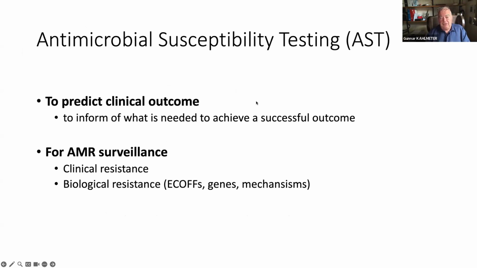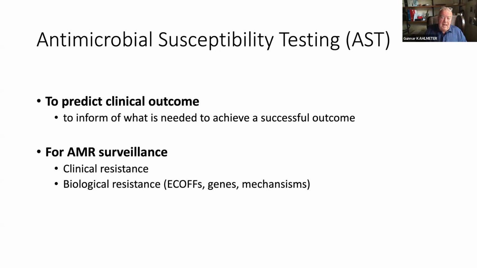After all, we perform susceptibility testing to predict clinical outcome. That's the whole point. But we also do it for AMR surveillance. And most people will so far have used the clinical breakpoints for AMR surveillance. But to be quite honest, it would have been much better if we had used epidemiological cutoffs for surveillance and divvied up bacteria into those that are without any resistance mechanisms and those that have some or many or serious resistance mechanisms.